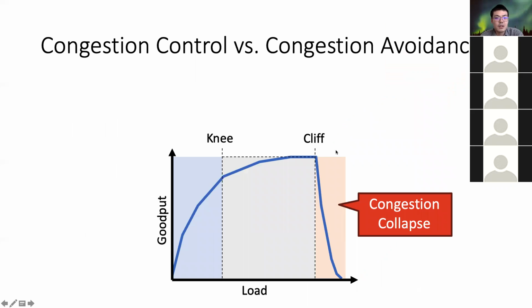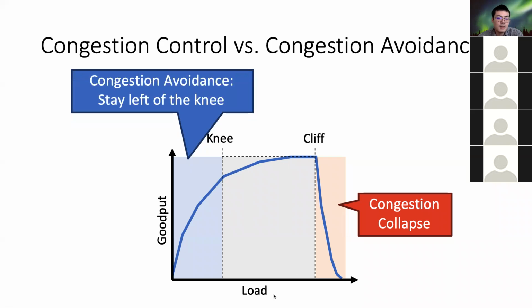Here we have two concepts. One is called congestion control. The second is called congestion avoidance, like we see earlier, when we talk about the data link layer. Congestion avoidance says, hey, you stay at the comfort zone.